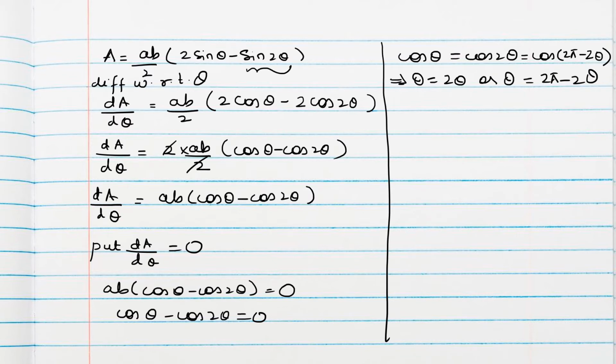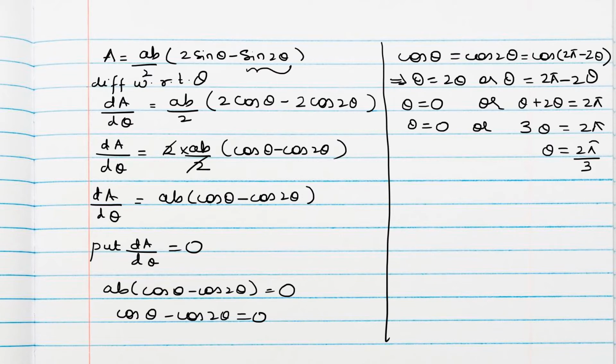So theta equal to 2 theta means theta equal to 0, or here theta plus 2 theta equal to 2 pi, theta equal to 0, or 3 theta equal to 2 pi, that is theta equal to 2 pi by 3. So theta equal to 0 is not possible. Therefore, theta equals 2 pi by 3 or 120 degree.